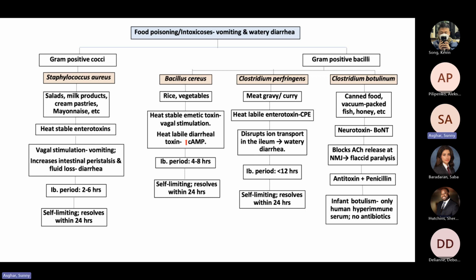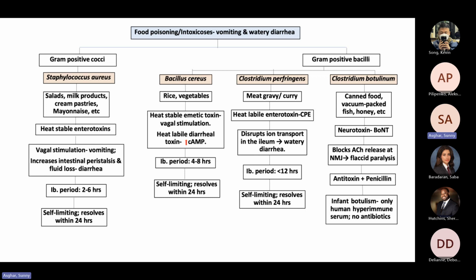But notice, they'll ask you questions like salads would mostly be associated with staph, as opposed to rice, like refried rice. To differentiate, look at what the source was, and that can help you differentiate.